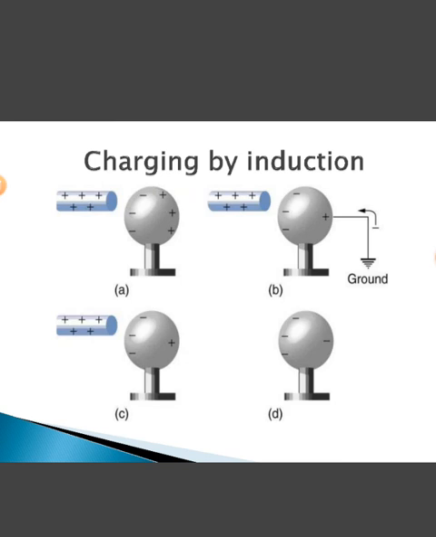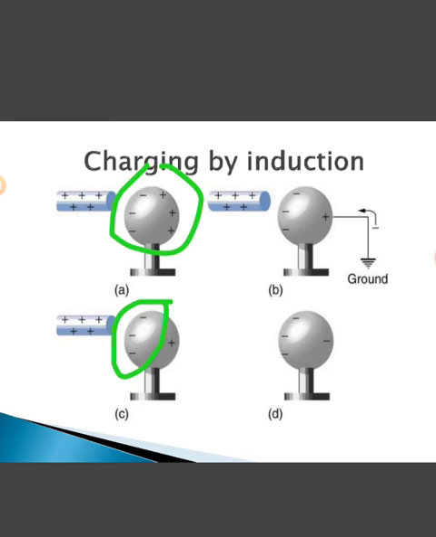It will repel the positive charge on the ball to the other side, which will flow through the ground, through this earth, thereby leaving a negatively charged ball only, instead of the previous positive and negative charge.